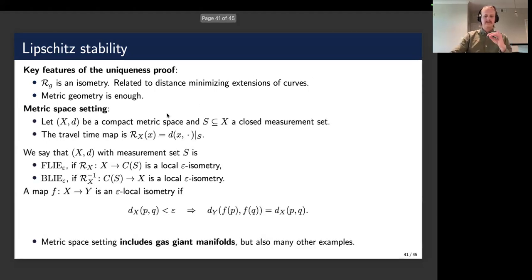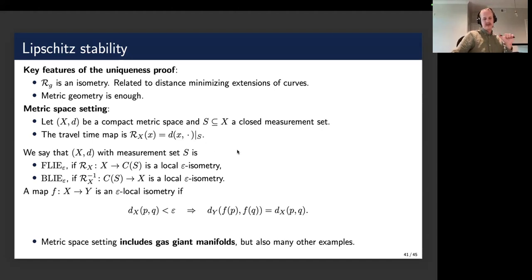Okay, so let's just consider a metric space setting for a little while now. So we let (X, d) be a compact metric space, and we choose some measurement set. You can think of the boundary if there's a boundary on a metric space. So if this was a manifold, then you could choose a boundary here. But we choose some closed measurement set inside the space, and then we define this travel time mapping again, basically in the same way.